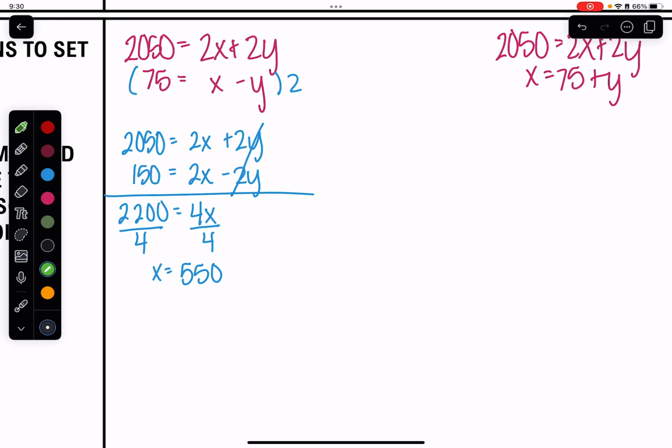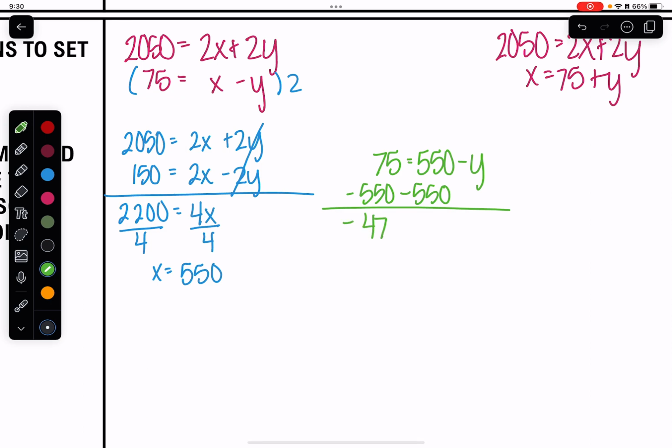So I have 75 equals x, which is 550, minus y. When I subtract 550 from both sides, we get negative 475 equals negative y. Therefore, positive y is 475.